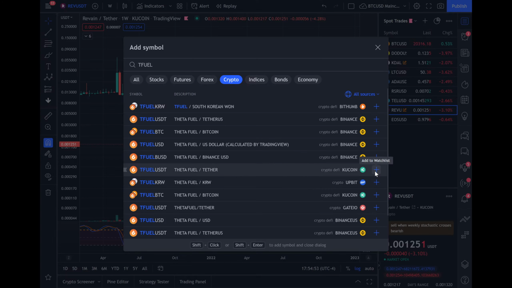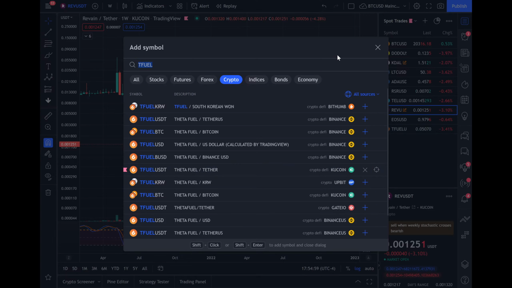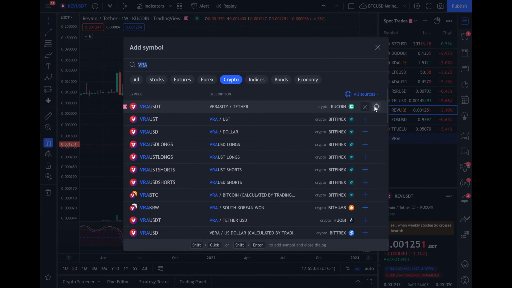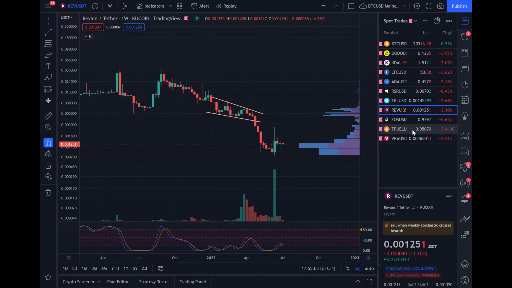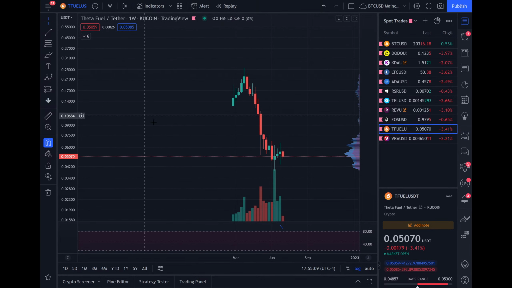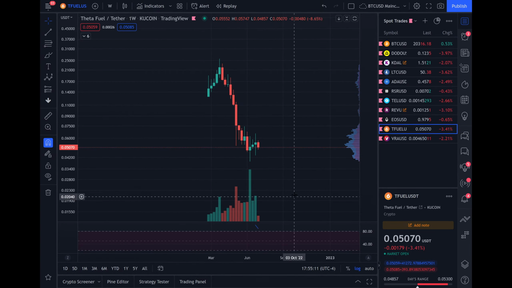Let's see, T-Fuel. Let's look at the KuCoin chart. And then VRA, let's look at the KuCoin chart as well. Okay, so T-Fuel.